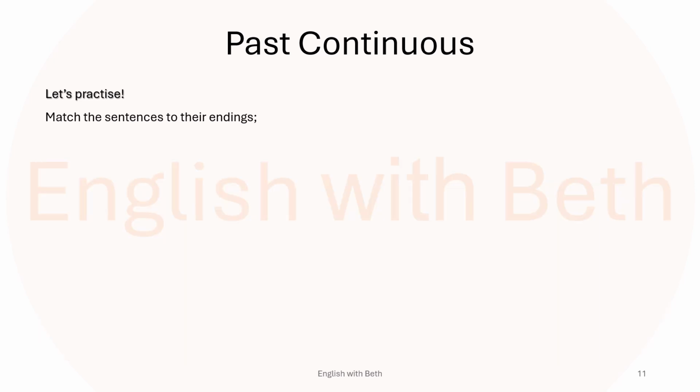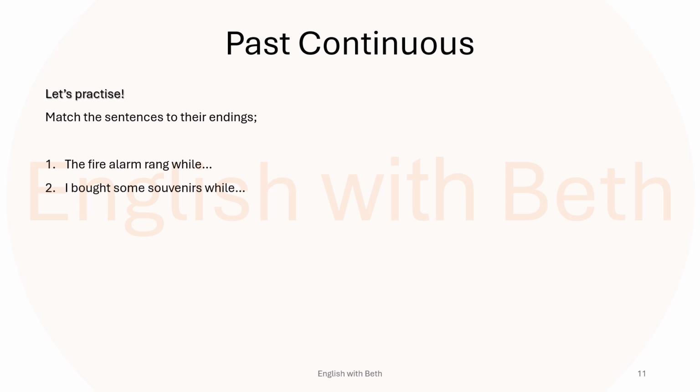Here is some more practice. You need to match the sentence beginnings to their endings so that they all make sense. There are 8 sentences. Here are your sentence starters. Number 1. The fire alarm rang while.